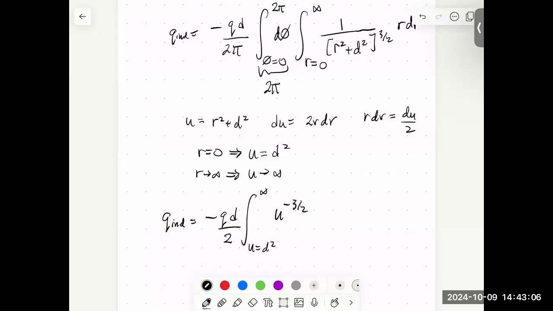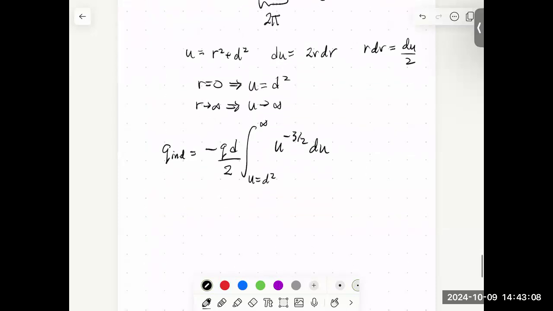So we'll pick up a 2 here. All right, let's see what happens. So we have to raise the exponent and then divide by it. So minus 3/2 becomes minus 1/2. So we have to multiply by minus 2. So we get plus qd.